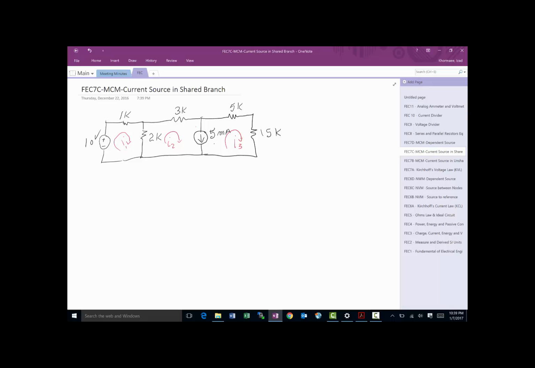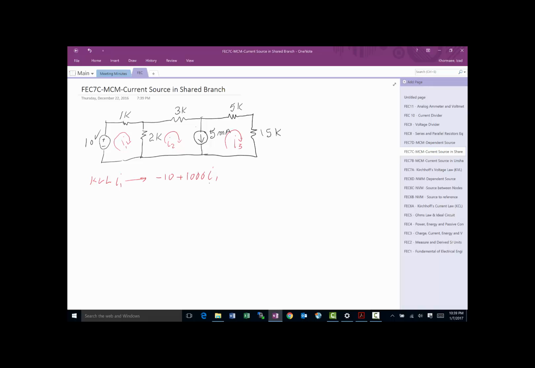Since we're doing mesh current, once we have identified the meshes, the next step is to write the KVL equation for each one of the meshes. So I1 is pretty straightforward. We've been doing that earlier. It's going to be minus 10 plus 1000 I1.